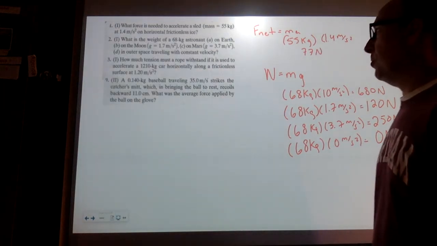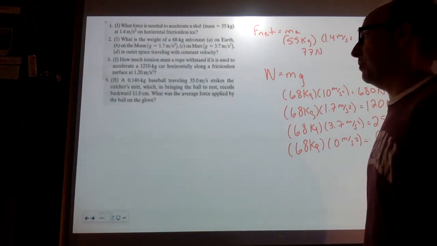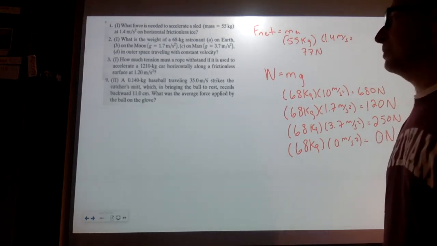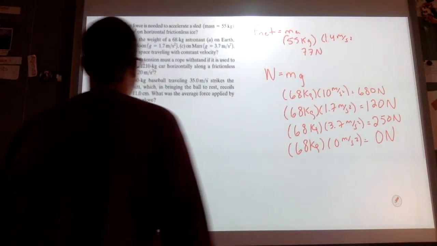How much tension must a rope withstand if it's used to accelerate a 1,210 kilogram car horizontally along a frictionless surface at 1.2 meters per second squared?